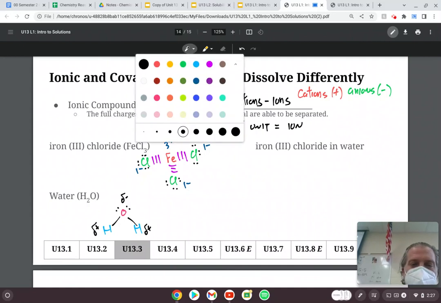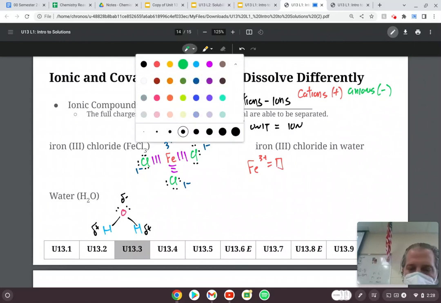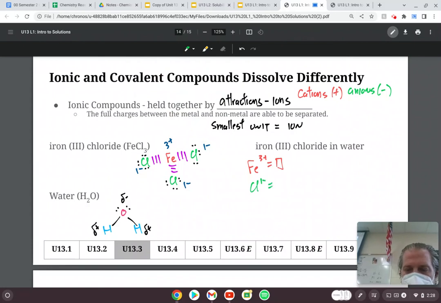So if I said something like Fe with a 3+ charge is going to be a square, and Cl with a -1 charge is going to be a circle, and water is going to be an X, right?